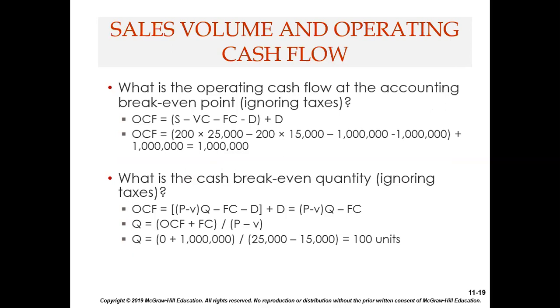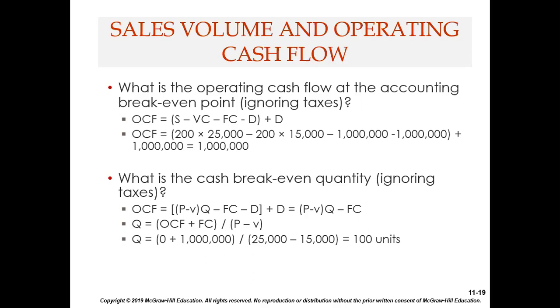Now, what about cash flow? What is the operating cash flow at the accounting break-even point? It would be the $1 million, because the sales would come in as cash, the variable costs would be paid out as cash, and the fixed costs would be paid out as cash. But the depreciation that was deducted to get to 0 on net income would not be paid out as cash. So there would be a positive cash flow of $1 million.